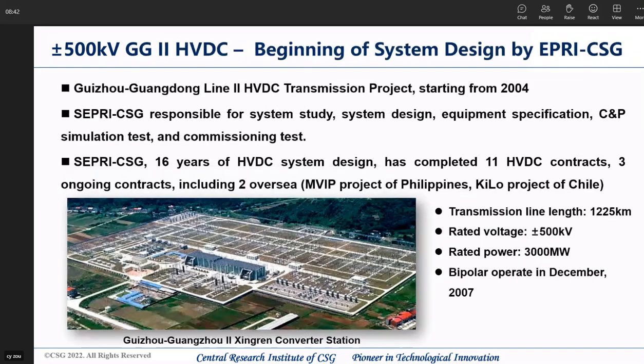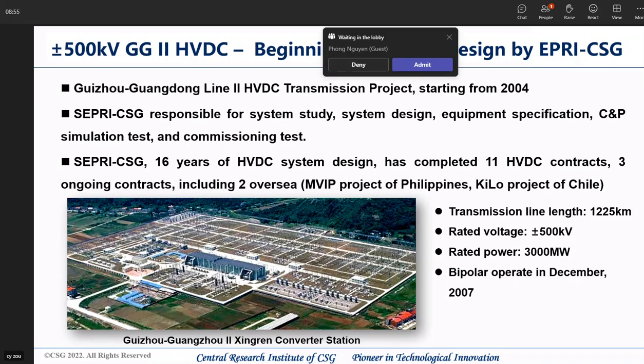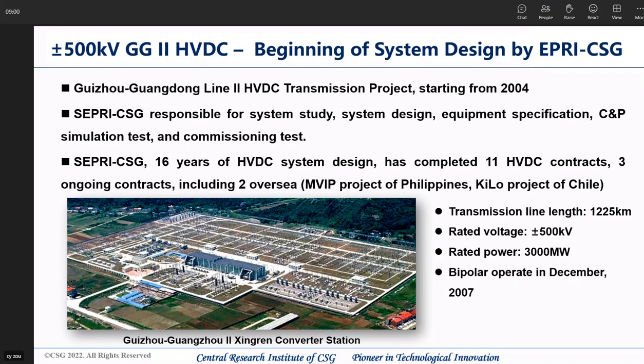6 years later, in 2007, the Guizhou Guangdong 2 HVDC project was put into service, with rated power increased from 1.8 to 3 gigawatts, and the transmission distance increased to 1225 kilometers.